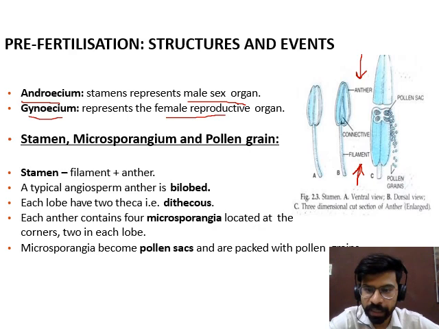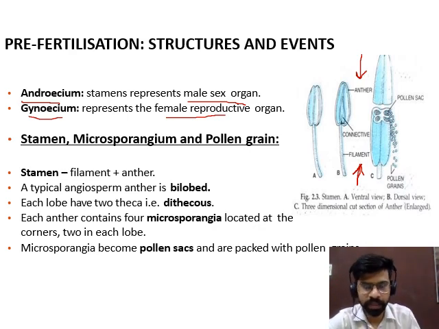Anther plus filament combine to form a stamen. Stamen is composed of anther and filament. Filament holds the anther, whereas in anther, pollen grain formation takes place. Yes, next.